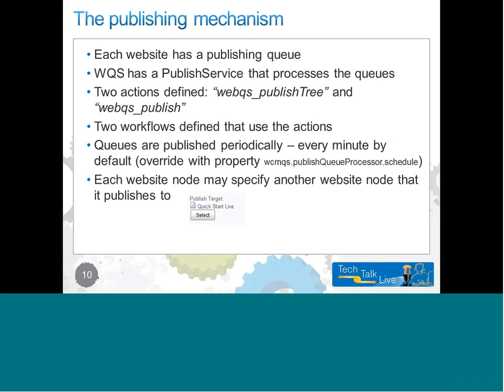Something I didn't show you because I was conscious of time is the publishing mechanism. Basically, when you publish an asset in Web Quick Start, it jumps across from the editorial site that I showed you into the live site, which I mentioned was alongside the editorial folder.